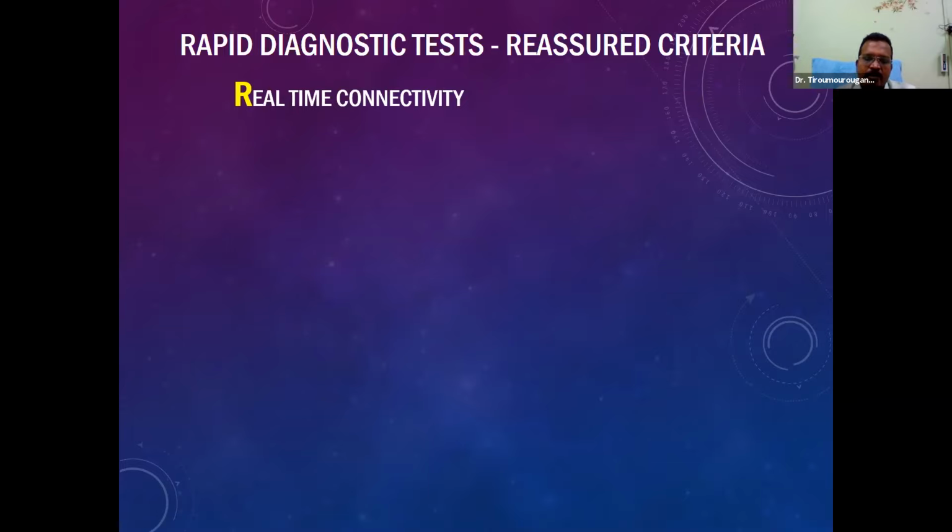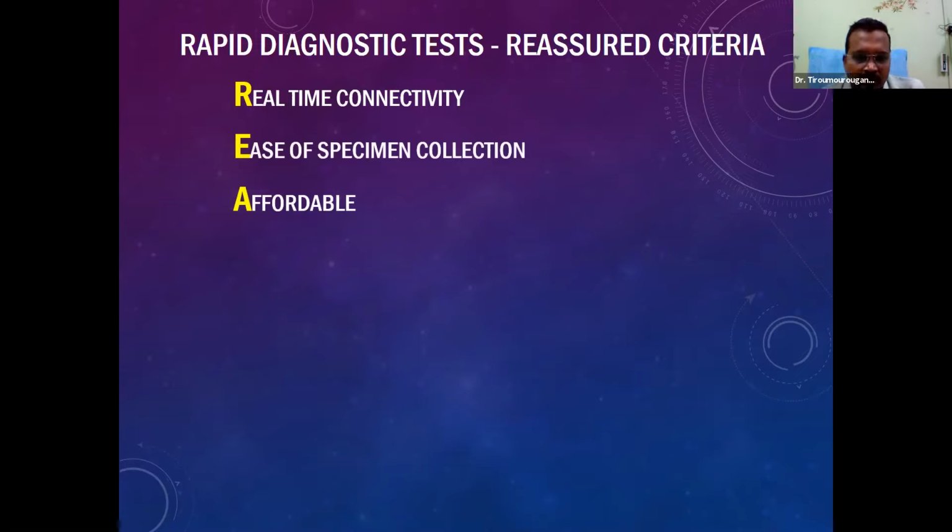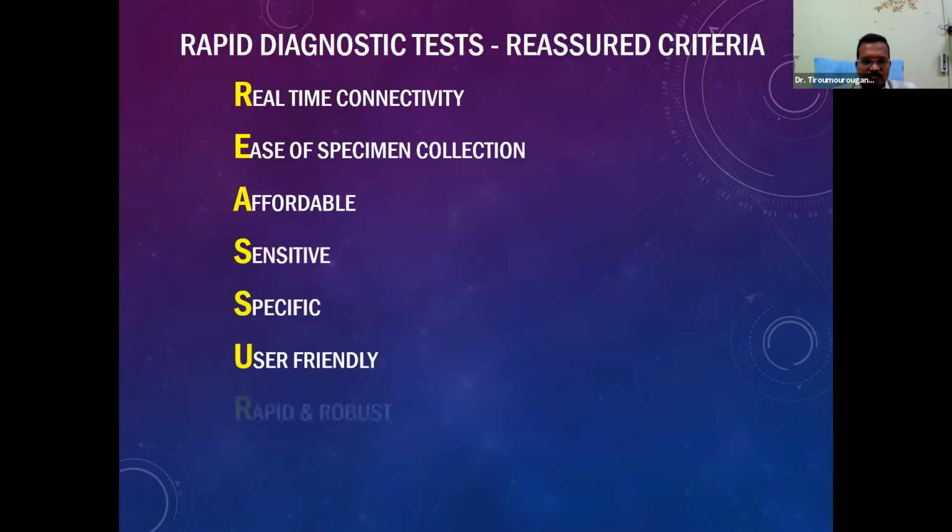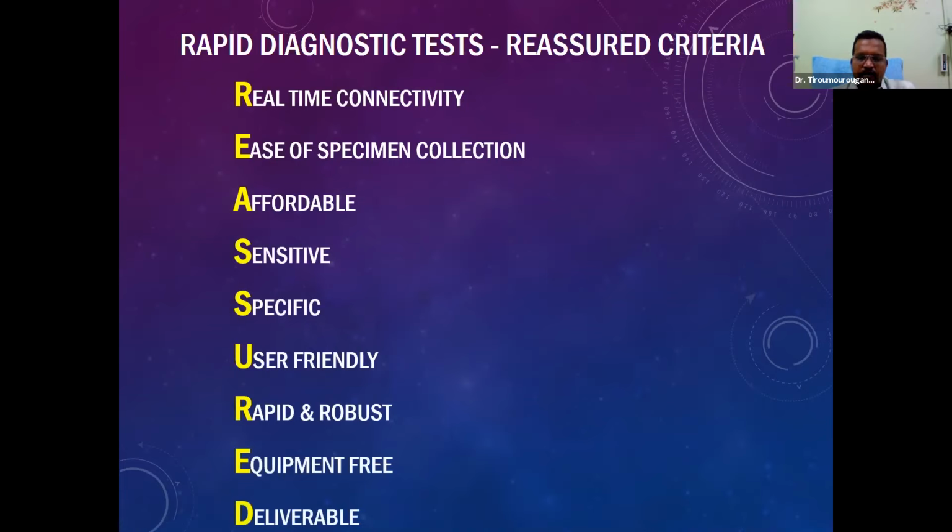So real-time connectivity has also become a component. And the other important thing which has been brought in is the ease of specimen collection. It should not be very difficult to collect the specimen. The rest of them pretty much stay the same.